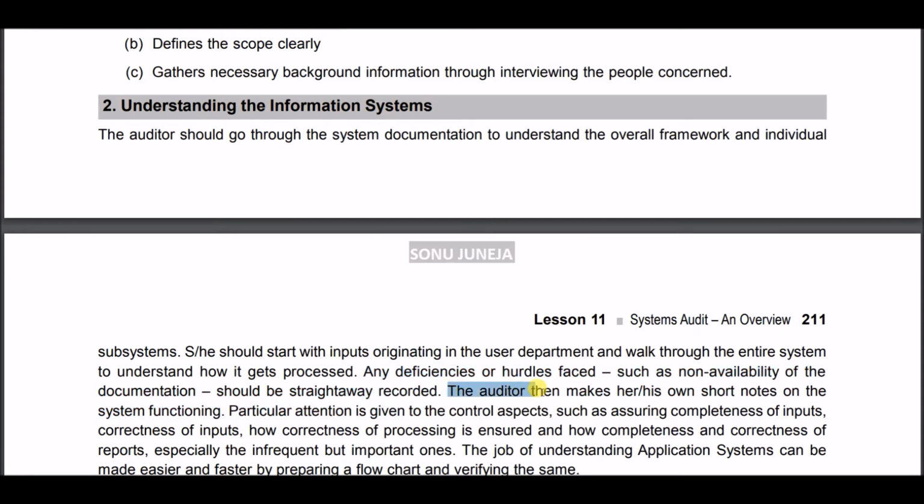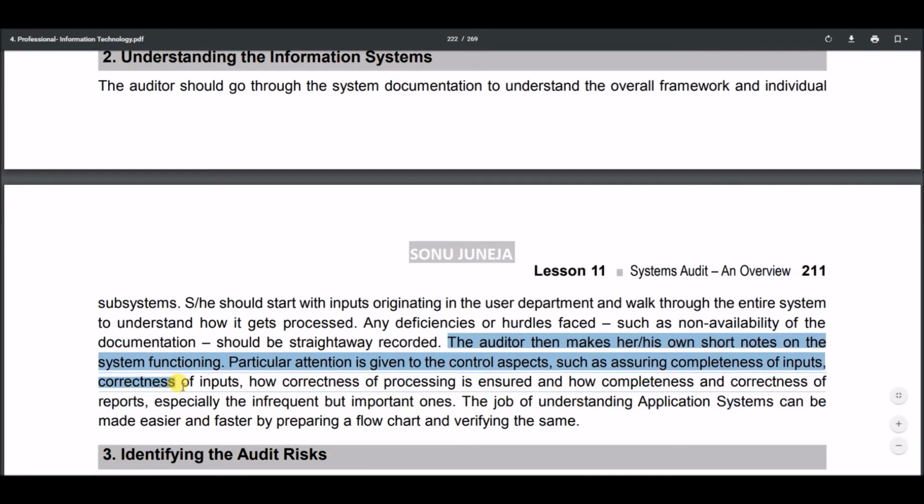The auditor then makes his or her own short notes on the system functioning. Particular attention is to be given to the control aspects such as assuring completeness of inputs, correctness of inputs, how correctness of processing is ensured, and how completeness and correctness of reports is ensured, especially the infrequent but important ones.